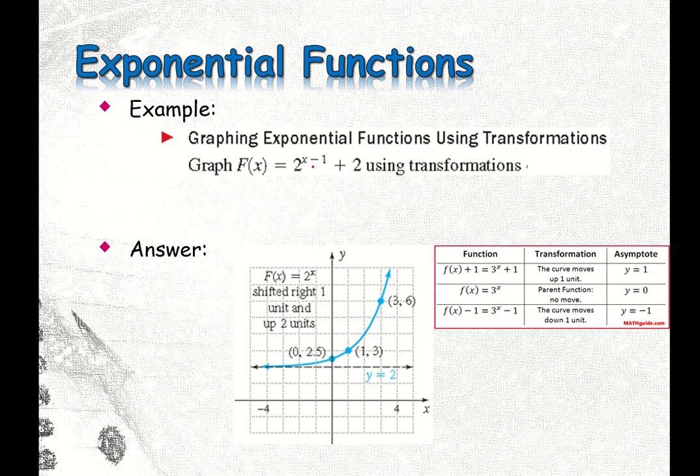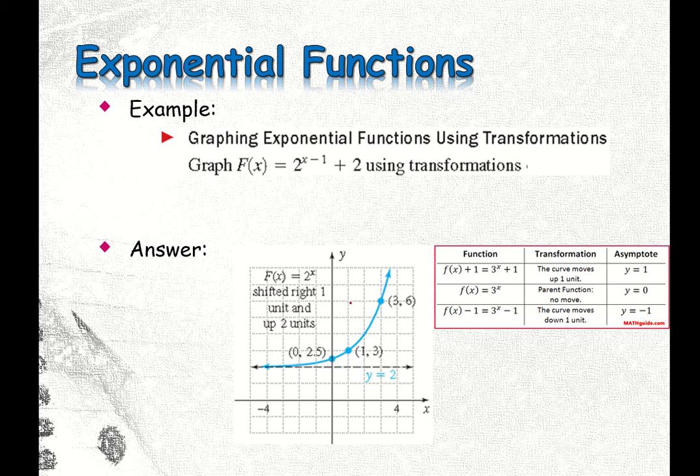Now in the case of this, originally we have 2 to the x, but now we have x minus 1, so the graph is also shifted to the right 1 unit. Take note for x, if this is minus, the shift is going to the right. If this is plus, the shift is going to the left. Okay, so that is the transformation rule.